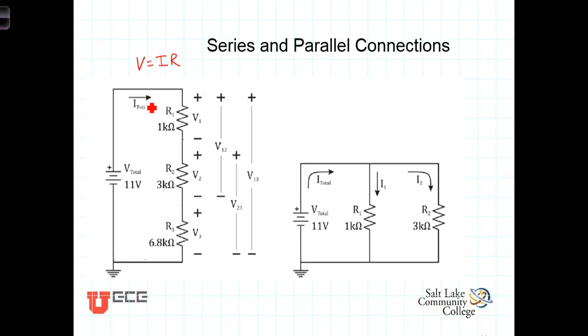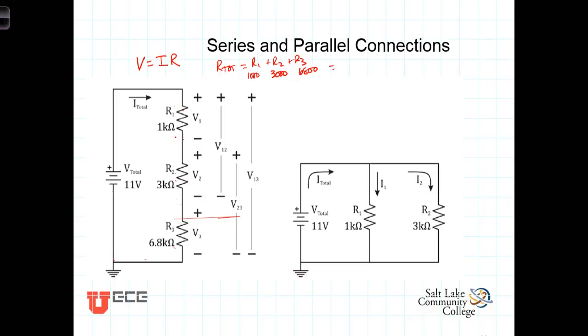Now, to determine the current flowing through here, it turns out that resistors in series, and by series we mean that they have the same current flowing through them, the quantities add together, and so we can talk about an equivalent resistance or a total resistance in a series connection that would equal R1 plus R2 plus R3, where R1 is a 1,000 ohm resistor, R2 is a 3,000 ohm resistor, and R3 is a 6,800 ohm resistor.